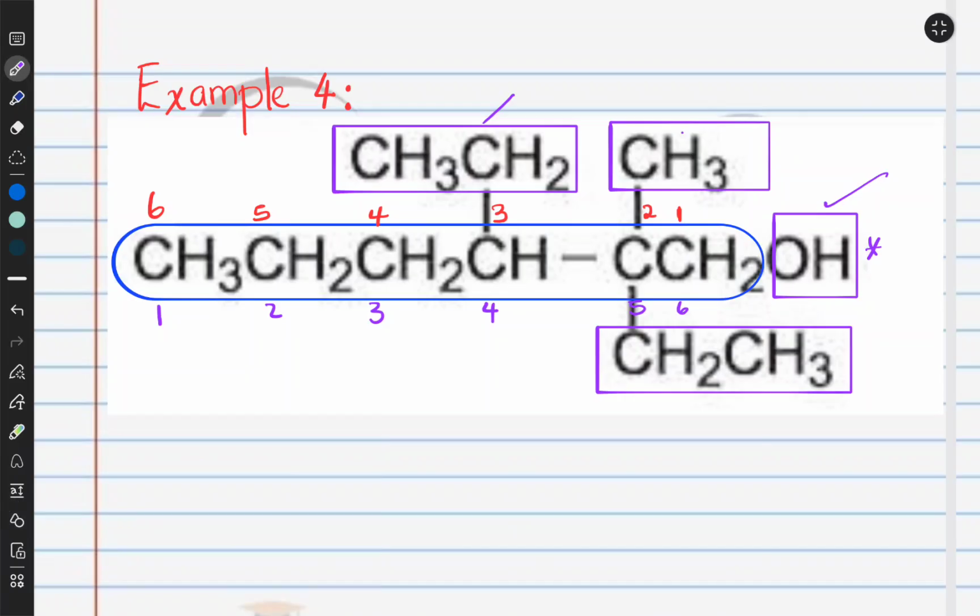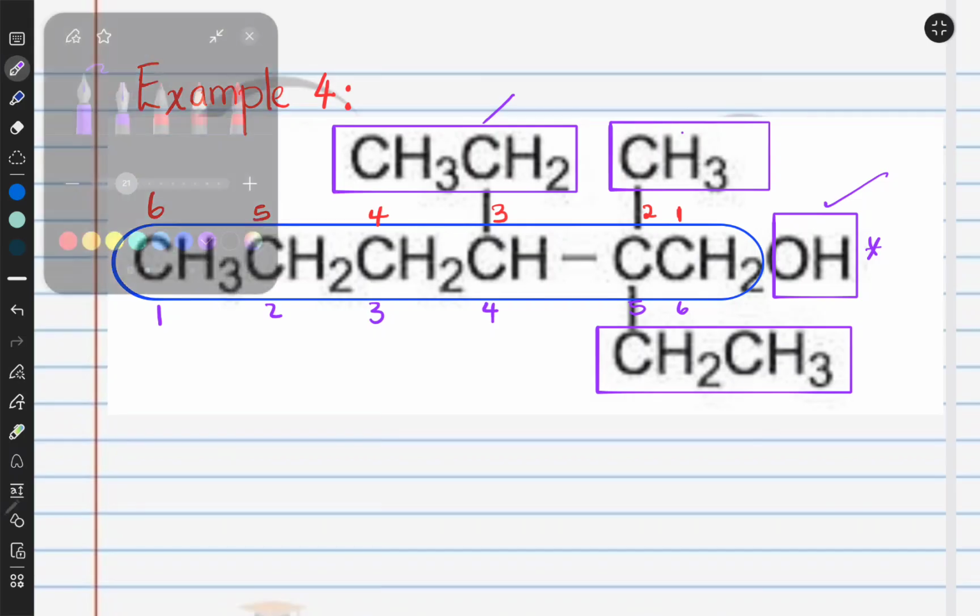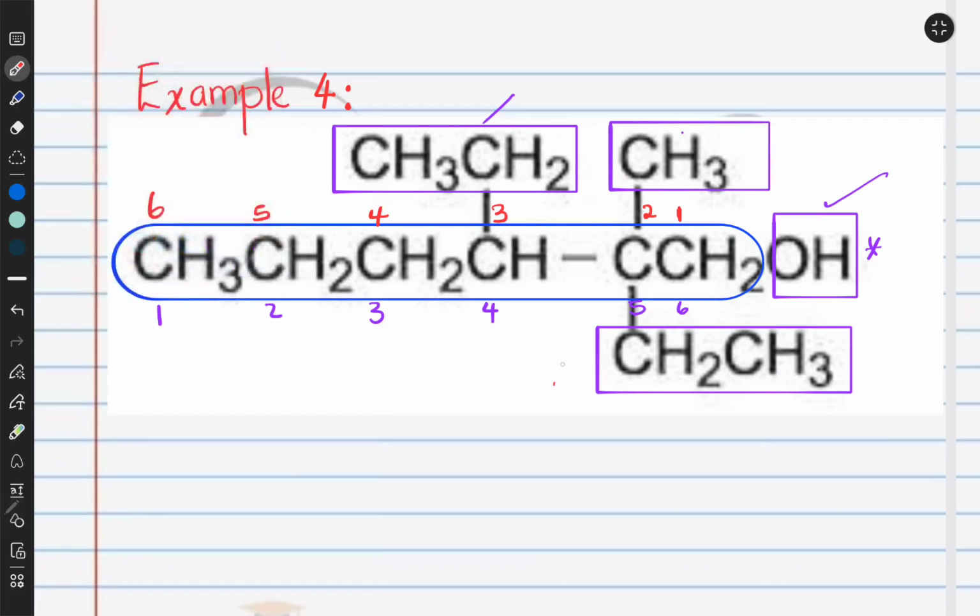But of course we have to prioritize the hydroxyl group. So it's best in this case to start numbering from right going to the left.